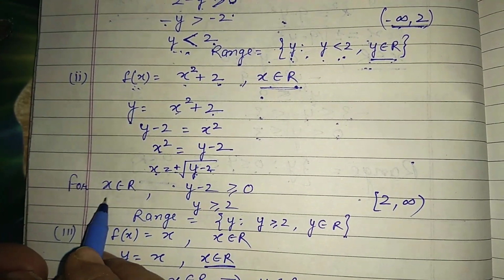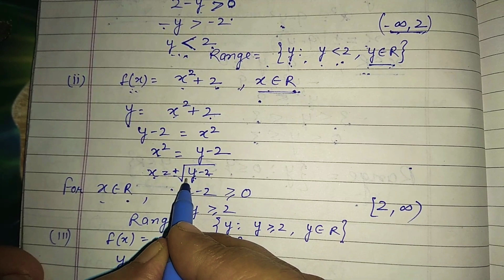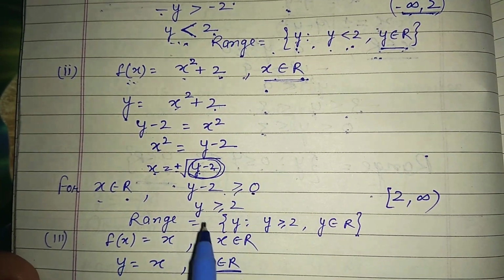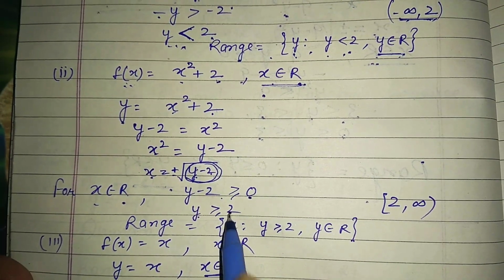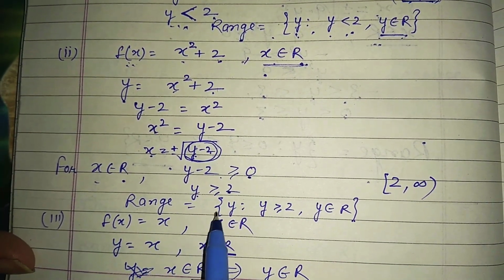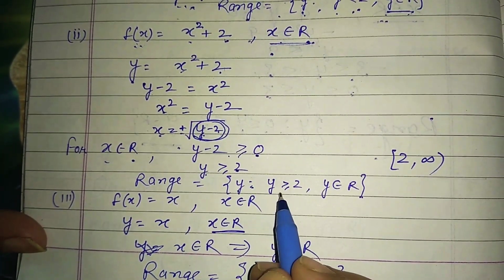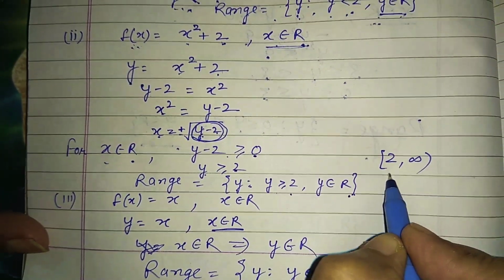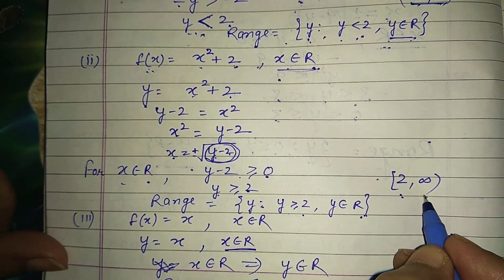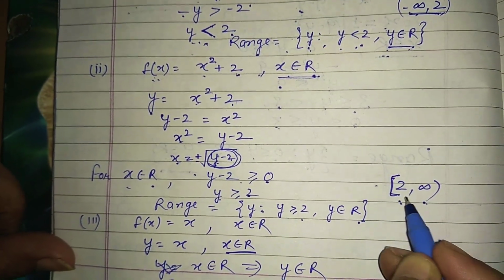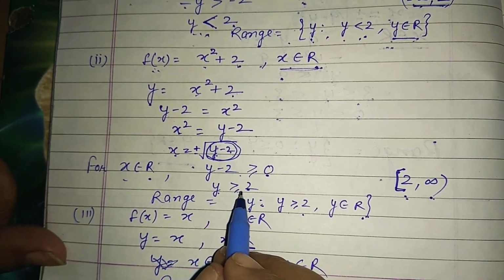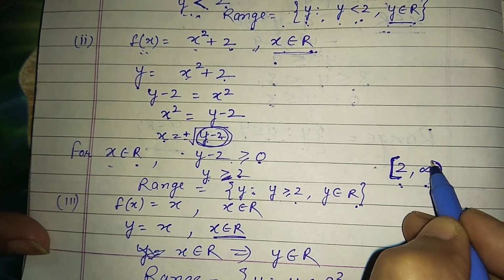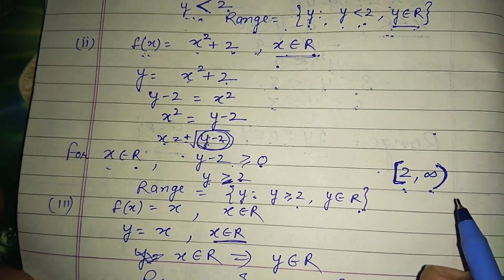Here x belongs to real numbers, that means this value should be greater than or equal to 0, it means y is greater than or equal to 2. So what is the range? y is such that y is greater than or equal to 2 and y belongs to R. Or you can write in interval form, 2 to infinity. 2 is included by the equal sign, so we will take this bracket, and infinity is always an open interval.